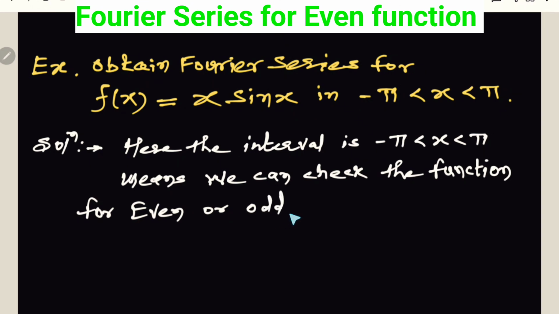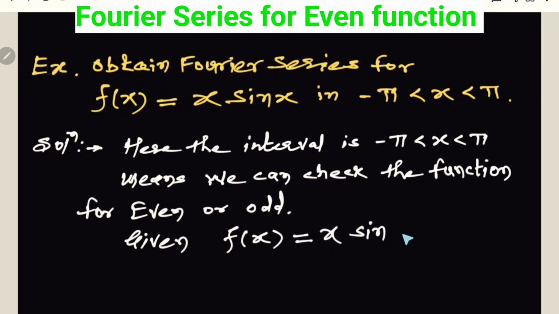f of x is given as x into sine of x. Replacing x by minus x on both sides, we get f of minus x on the left hand side, and the right hand side becomes minus x sine of minus x.